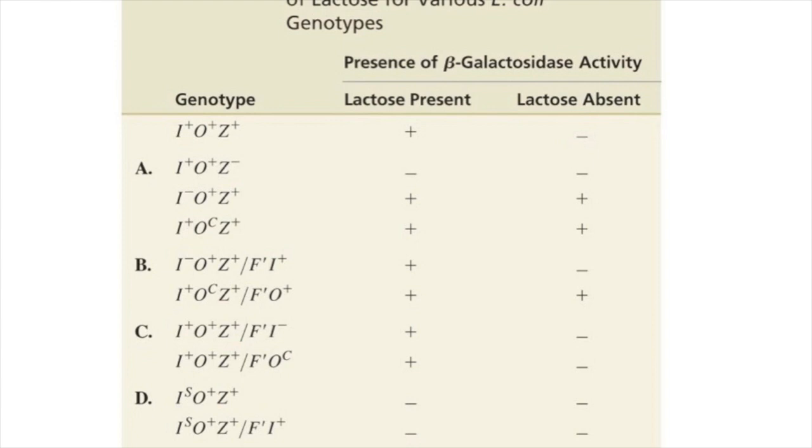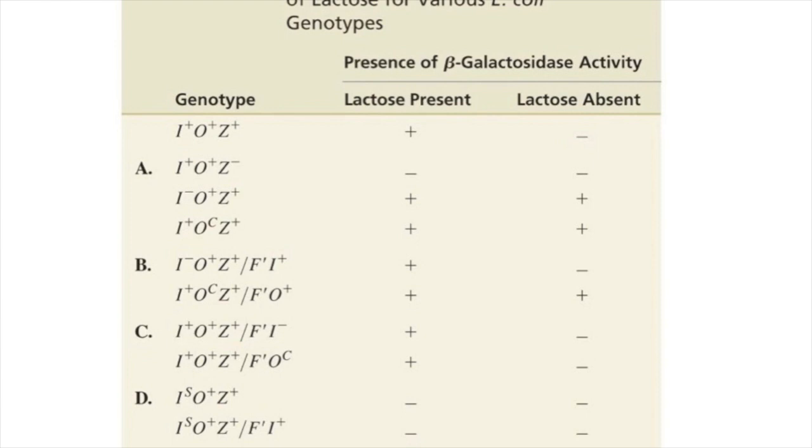And this is the most boring way to present this data, but it's very concise, very clear, and if you look at it and think about it, it makes complete sense. So I'll just go over the first few, but I encourage you to study this table and make sure you understand why things work out the way they do.